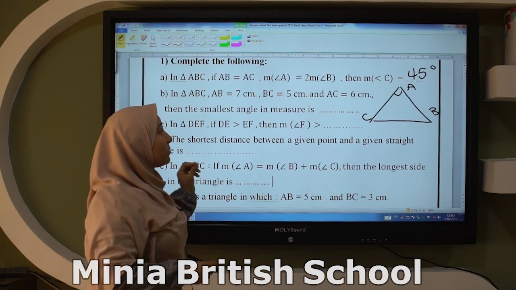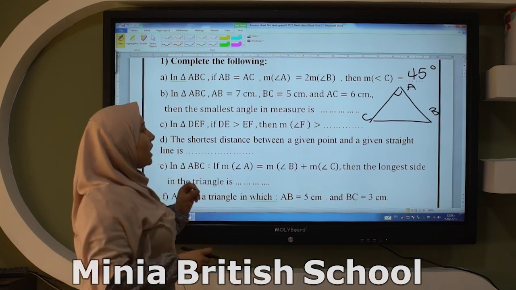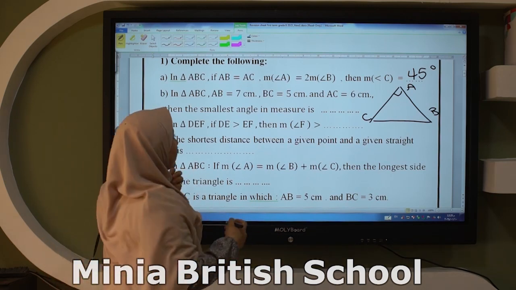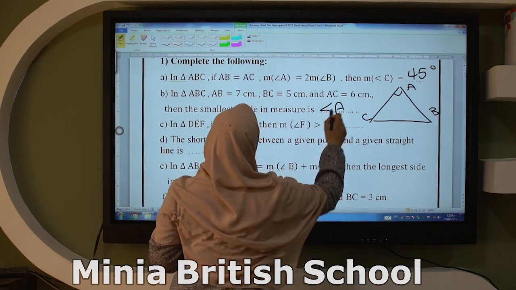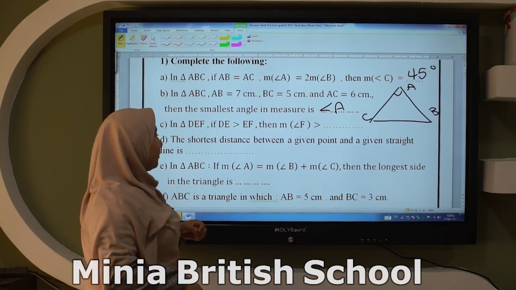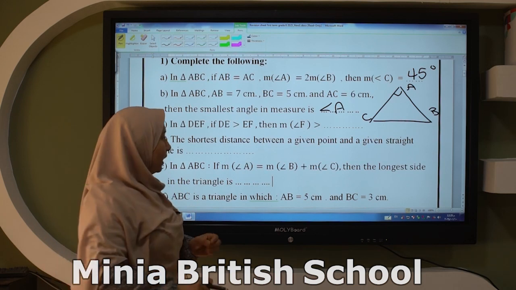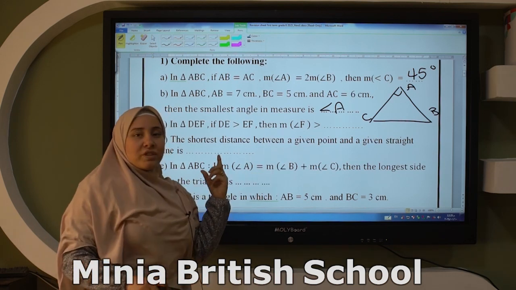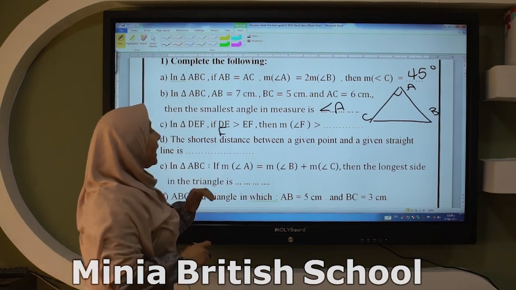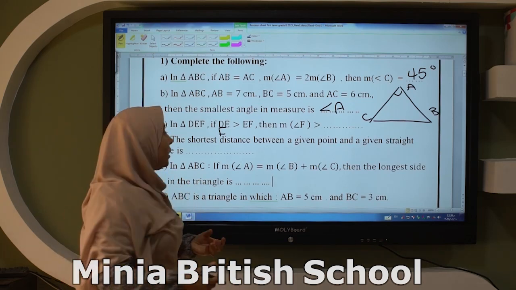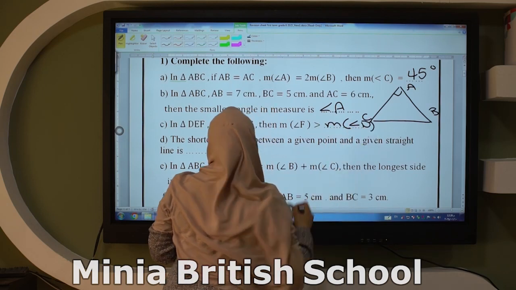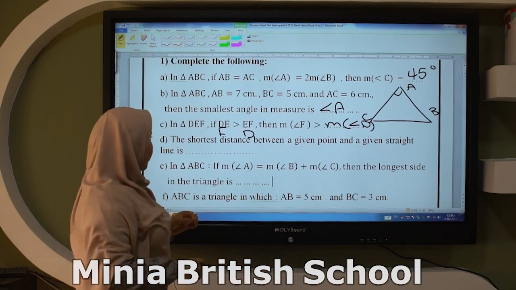The smaller side here is BC, then the smaller angle which is opposite to BC is angle A. The third one: in the triangle DEF, if DE is greater than EF, then the measure of angle F is greater than the measure of angle D. DE is opposite to angle F and EF is opposite to angle D. And you must write measure.